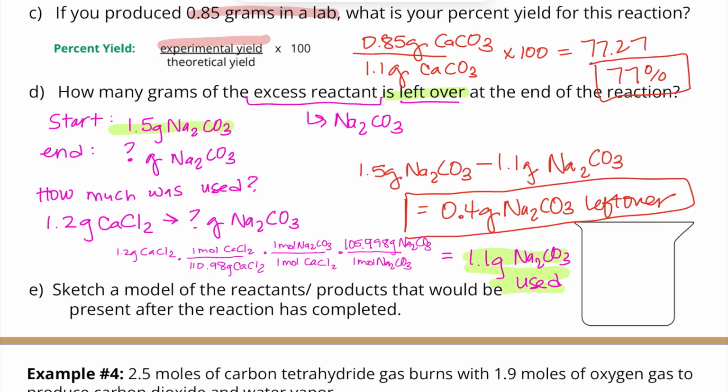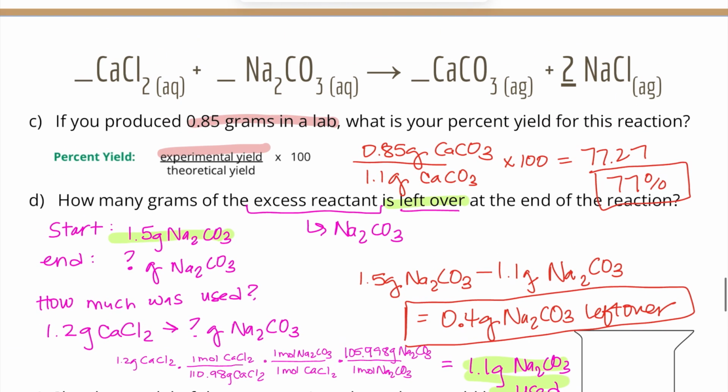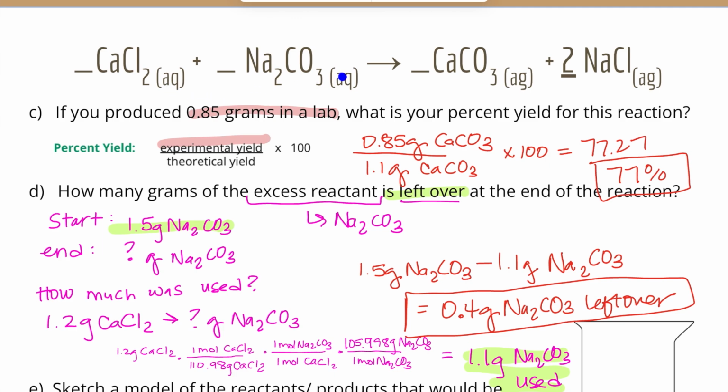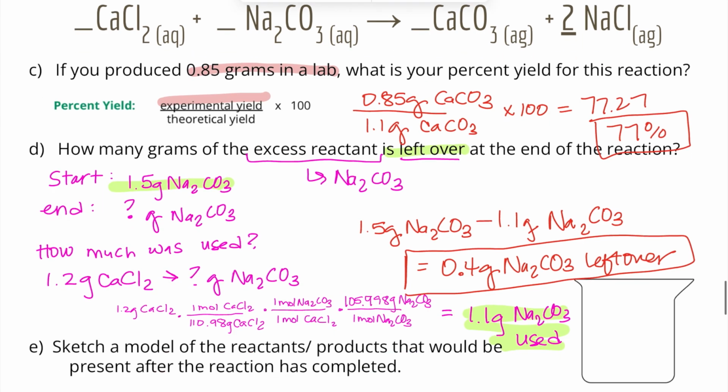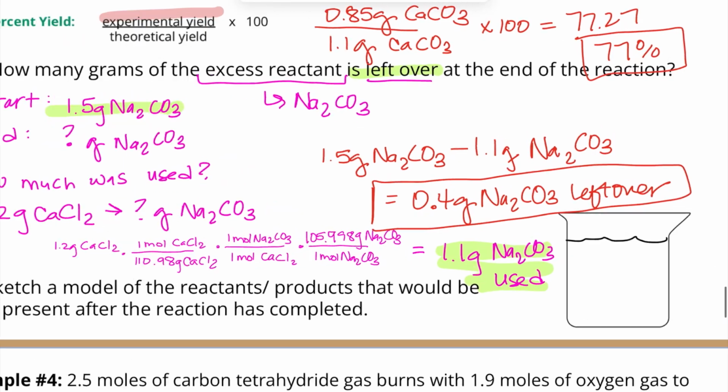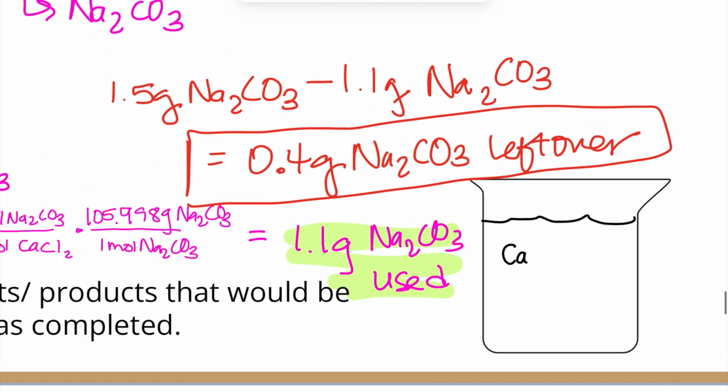Last part here says sketch a model of the reactants and products that would be present after the reaction. We don't actually know anything about what these look like, but if I'm looking, all of these are aqueous, so I'm going to just draw some water here. At the end of my reaction, I'm going to have that calcium carbonate and that sodium chloride. So I'm going to draw those in there, CaCO3, NaCl.